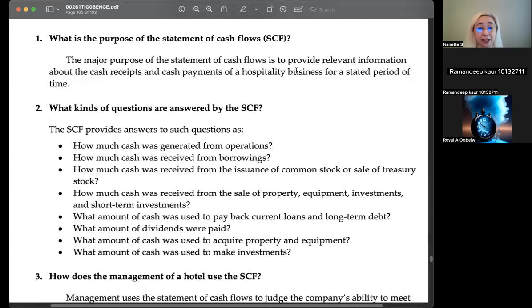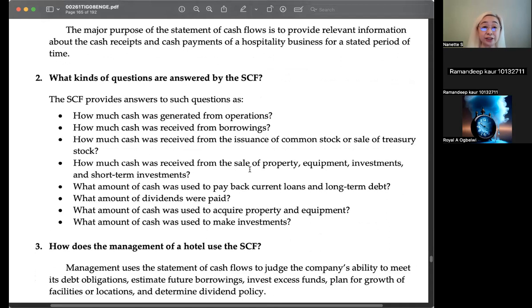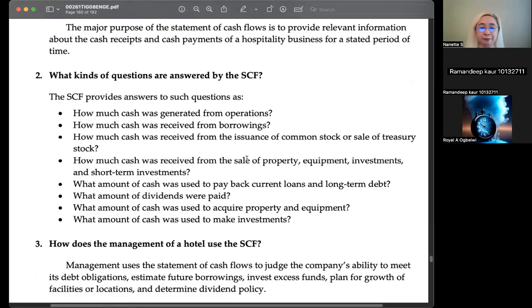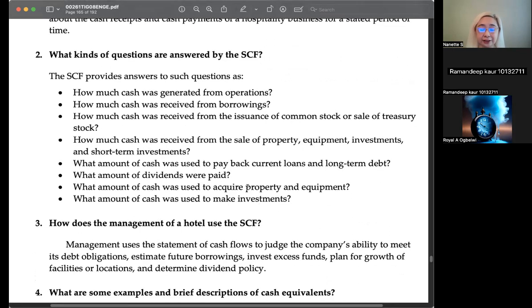So how do you use your statement of cash flows? So you would know how much cash you generated, how much cash is received from your borrowing, how much cash was received from common stocks or treasury stocks, how much cash was received if you sell property, equipment, or investment, how much cash was used to pay back some loans or long-term debts, and what amount are your dividends if you're running a corporation, and then how much is the cash that was used to pay or acquire property and equipment, and then how much cash was used to make investments.